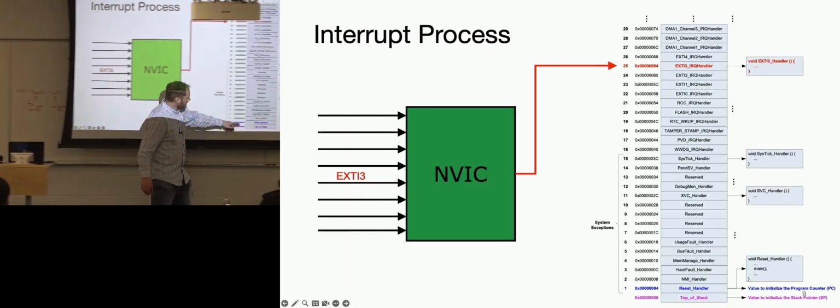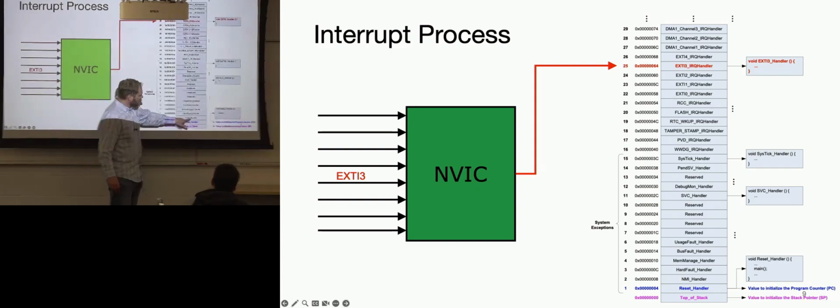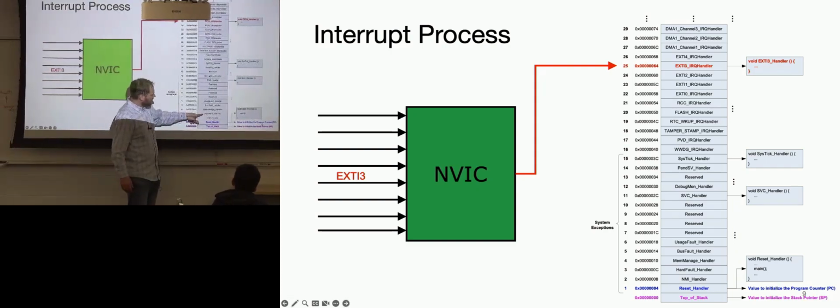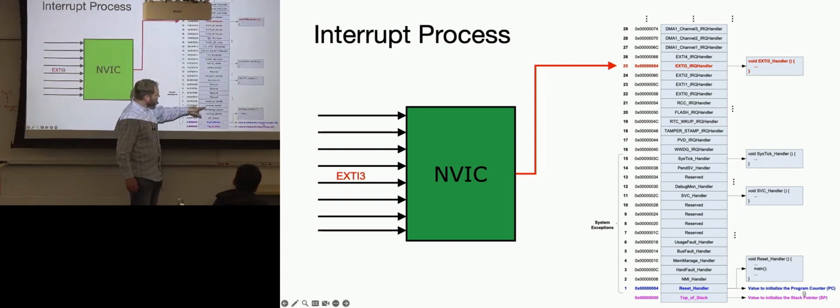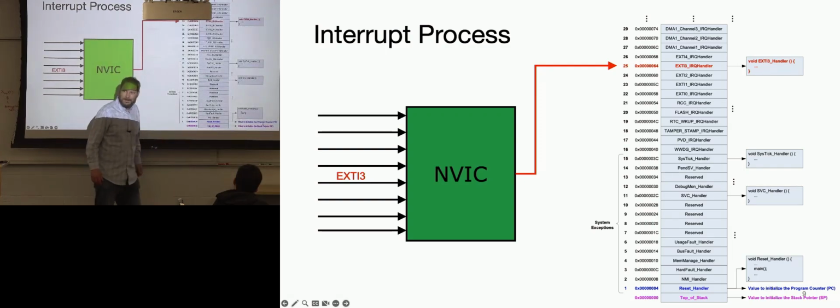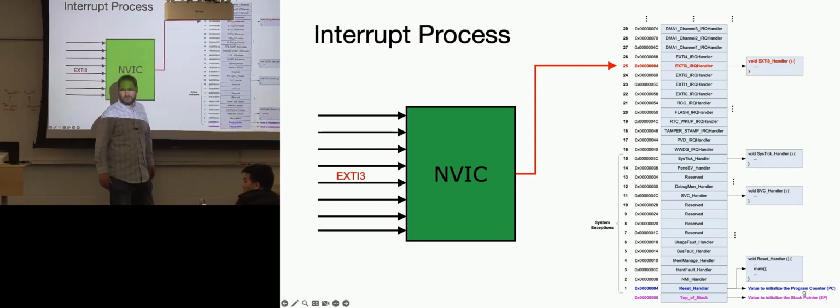So let's see. We have the reset handler, the non-maskable interrupt handler. Have no idea what that is. Hard fault, a memory management handler, bus faults. I'm not sure what the usage fault is, but these are the types of interrupts that can occur. Does that make sense? Yeah, like if you're accessing a memory that's not allowed, there's some handler for that.